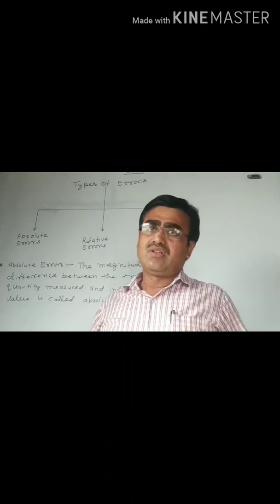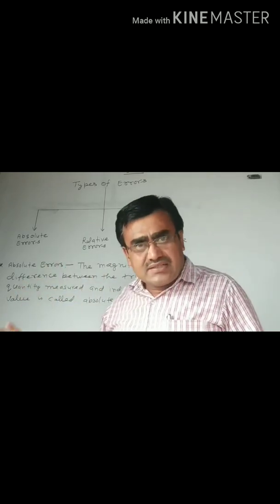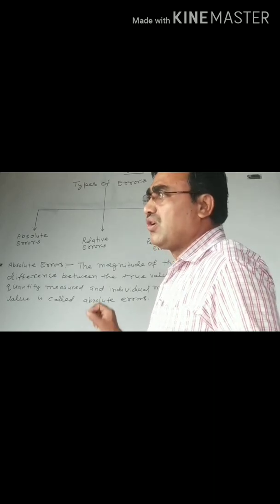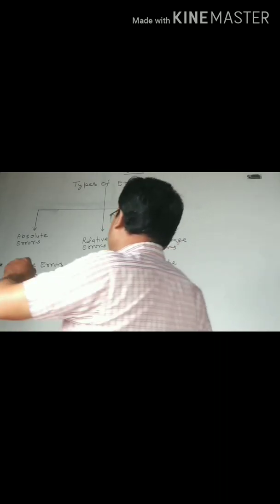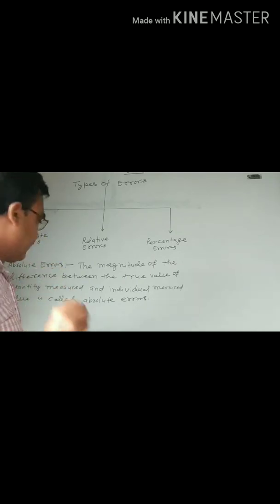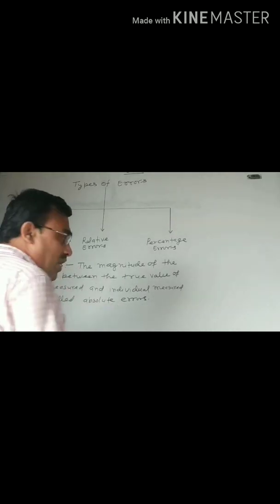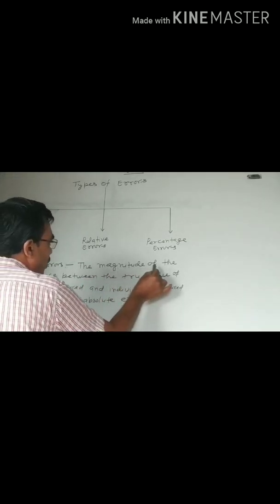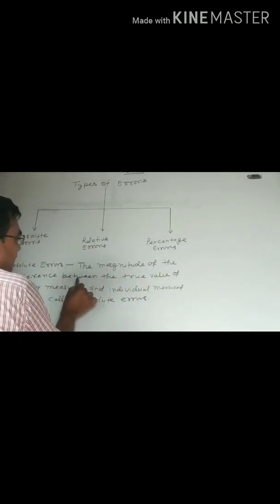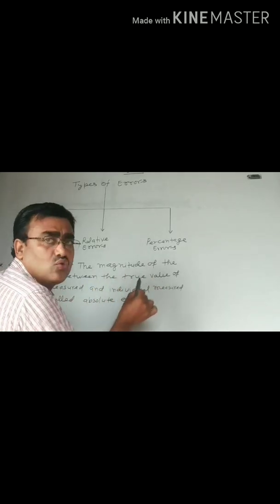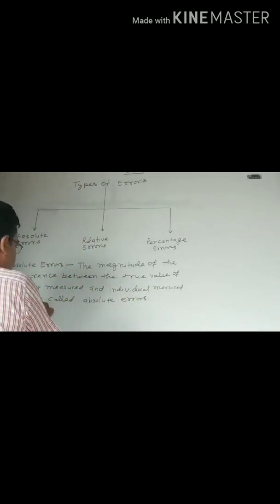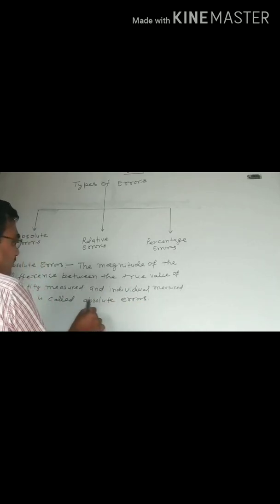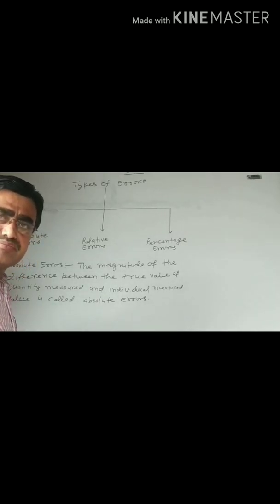Here we discuss absolute error. Look here on the board. What is absolute error? The magnitude of the difference between the true value of the quantity measured and the individual measured value is called absolute error.